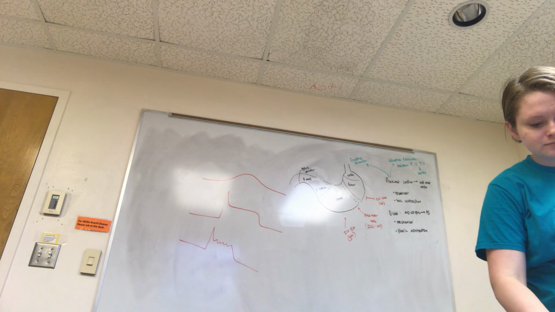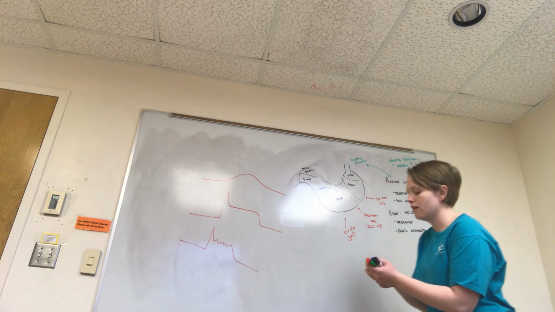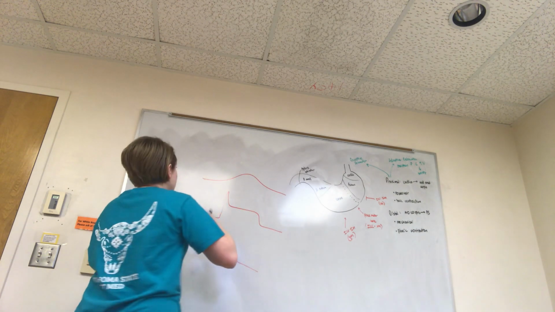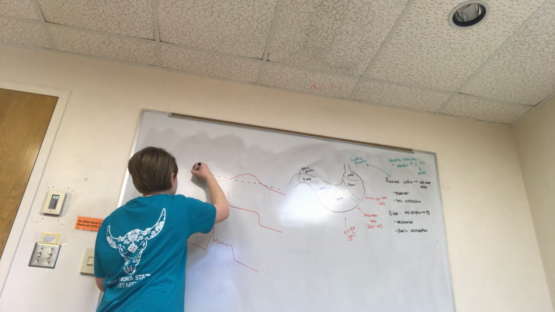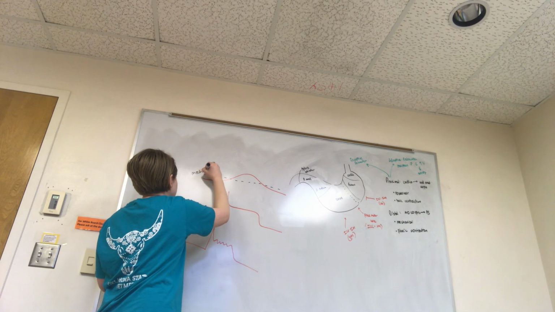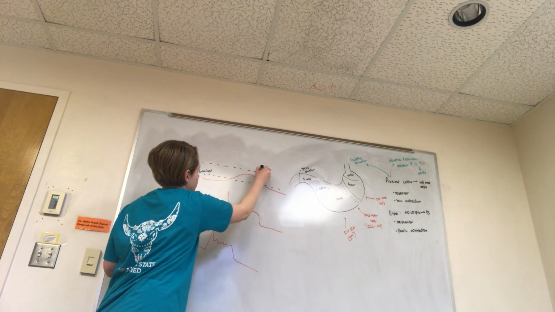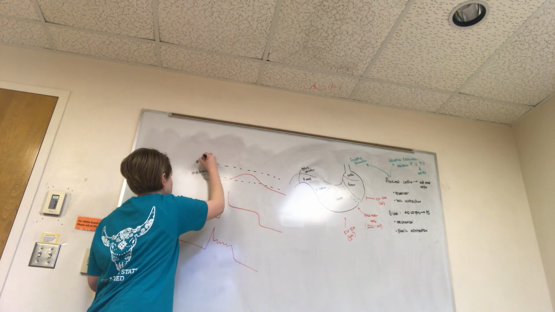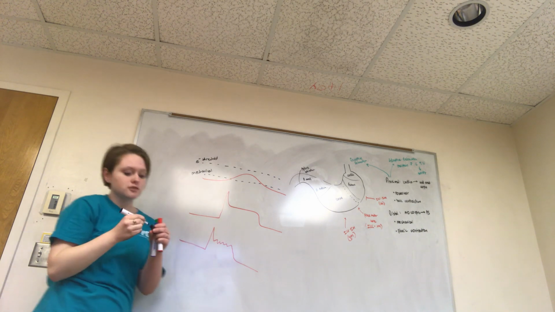And then, so what's happening is you have a mechanical threshold, which means that some contraction will occur, and then you have an electrical threshold. Okay. So that means you have action potentials and you get strong contraction.